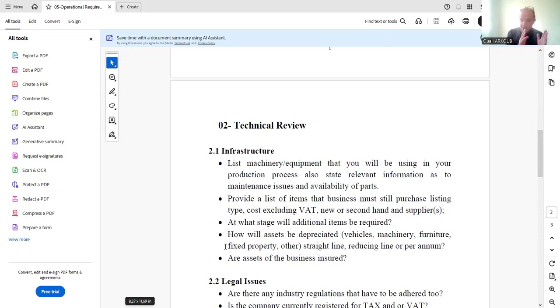How will assets be depreciated, such as vehicles, investments, machinery, furniture, fixed property and others: straight line, reducing line or per annum? Are the assets of the business insured or not?